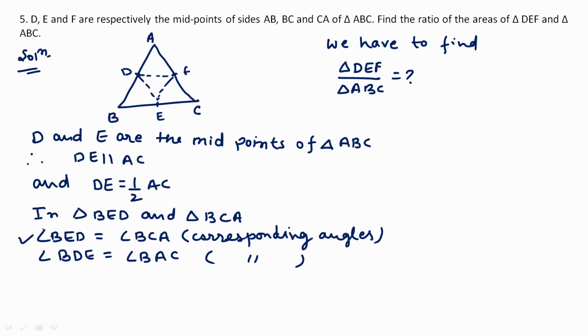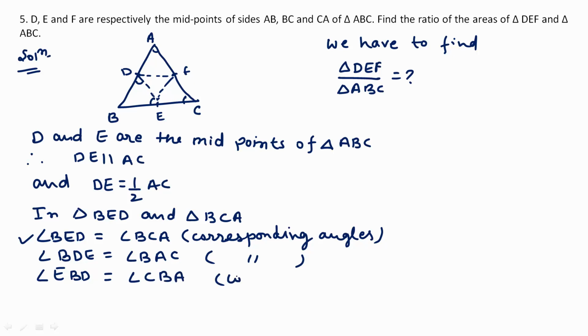Let's see the first, angle BED. This angle is equal to angle BCA, this angle. And the number second, angle BDE, this angle is equal to angle BAC, corresponding angle. And number third is angle EBD. Angle EBD is equal to angle CBA.